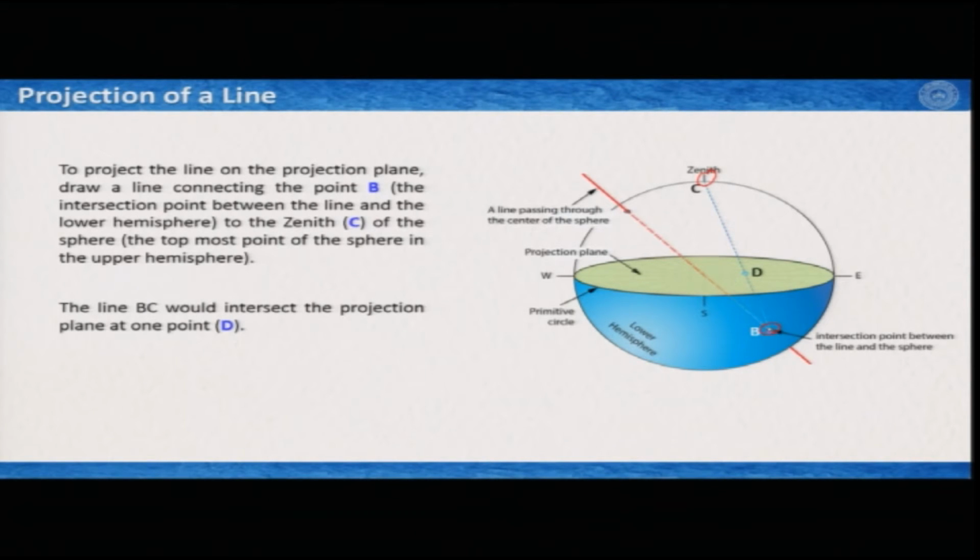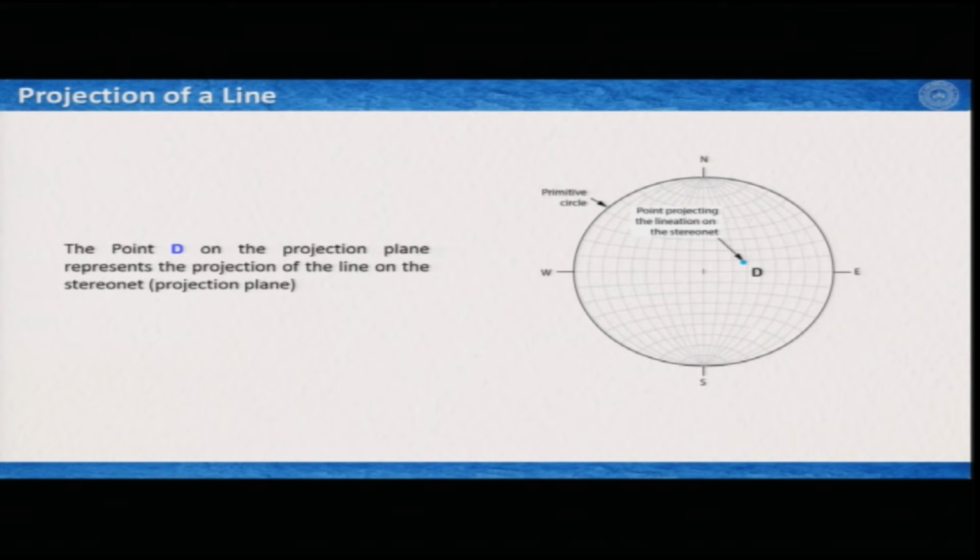When we connect this line from B to C, it also passes through the projection plane and we get a point here, which is D. Now, this point D is actually your projection of the line that we have seen before. So, if I now project this circle in plane, then the point D would appear somewhere here, and this is the projection of this inclined line on the stereo net.